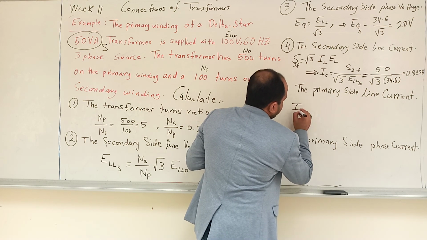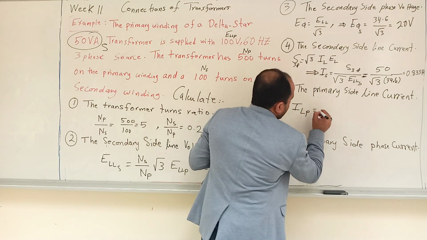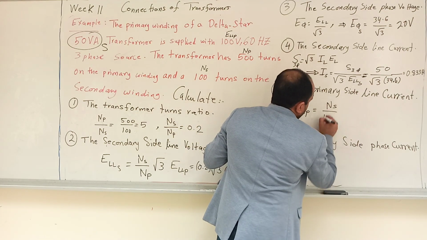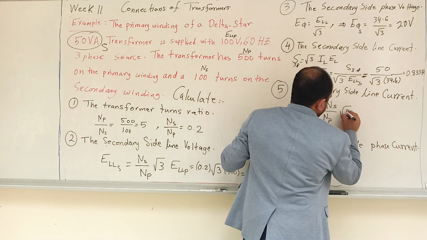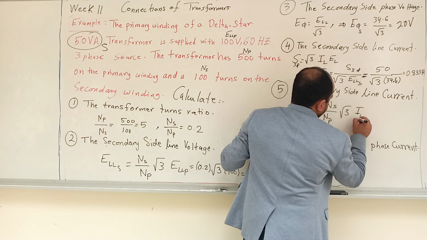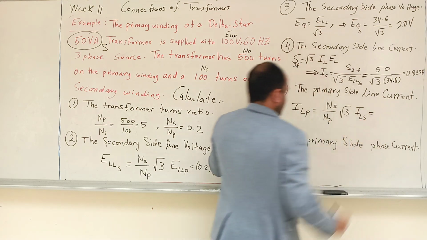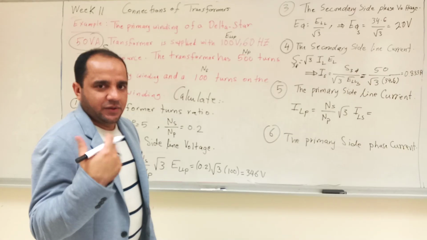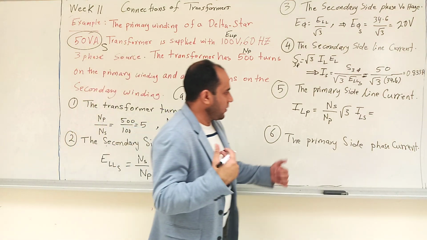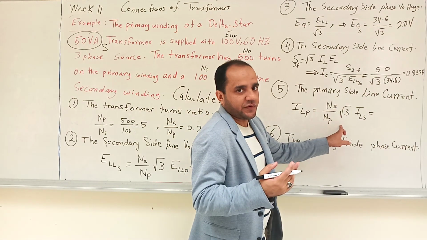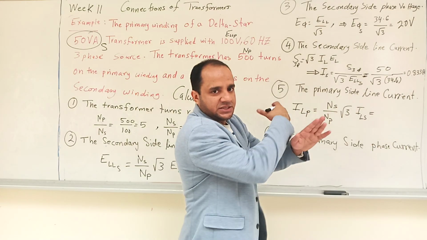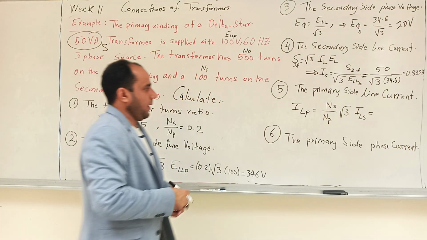The I line in the primary is equal to NS over NP times root of 3 times I line in the secondary, right? Remember when you checked the equations there, we started with I line secondary in the equation. That's why it was over root of 3. Here, I just flipped the equations. Easy, right?